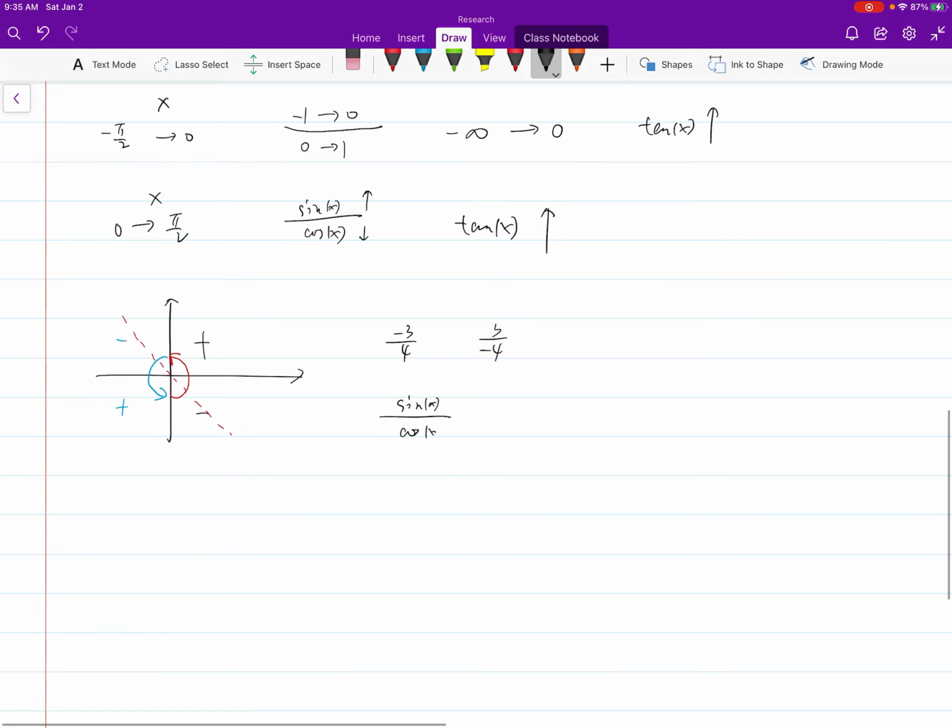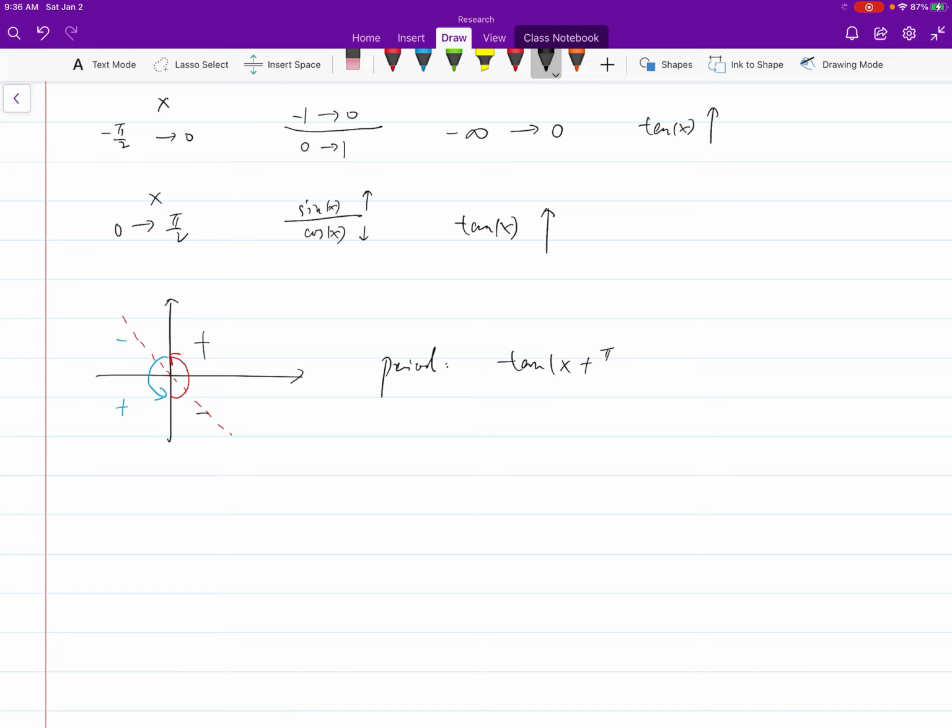These two things have the same number for different reasons. For one of them, the top is negative and the bottom is positive, but for the other, the top is positive and the bottom is negative, but together you still have the same negative number. From here you can see this one repeats itself in terms of values after every single pi, not every single 2 pi.